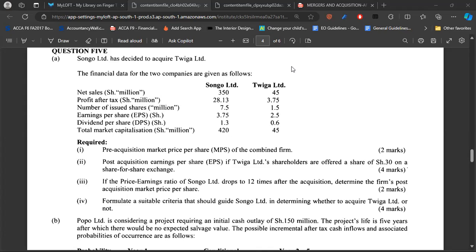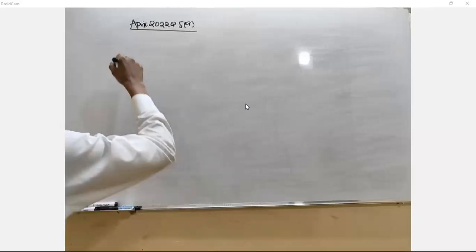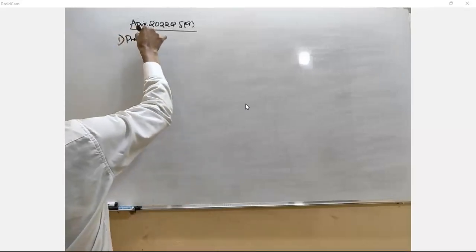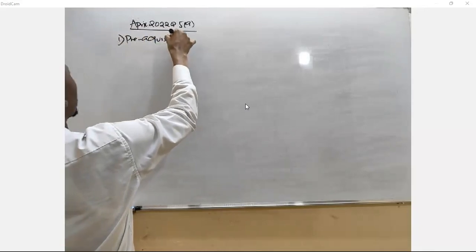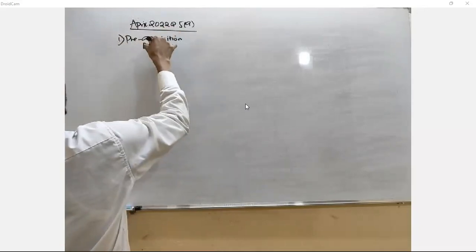Thank you so much. I can see the examiner trying to ask a very simple question regarding the pre-acquisition market price per share of the combined firm, and they are providing you with 2 marks there. So this is how you normally get the pre-acquisition market price per share.